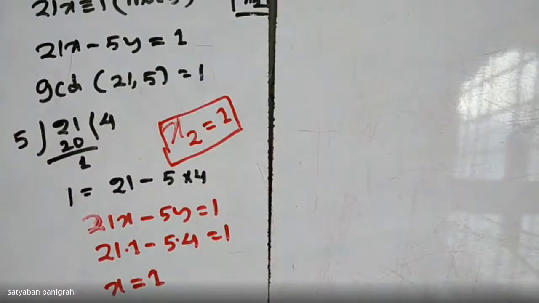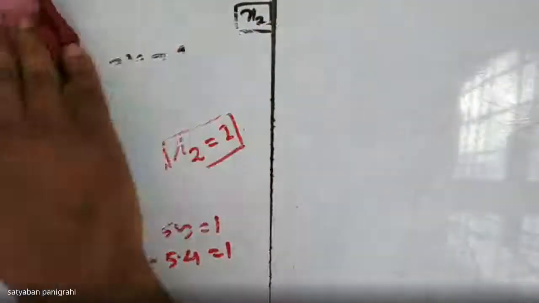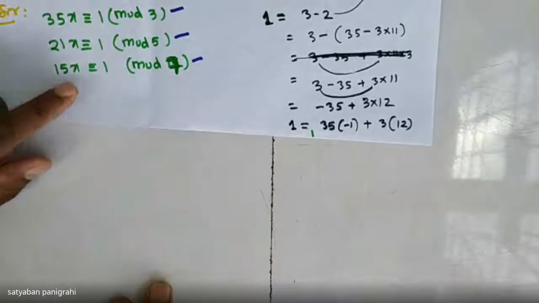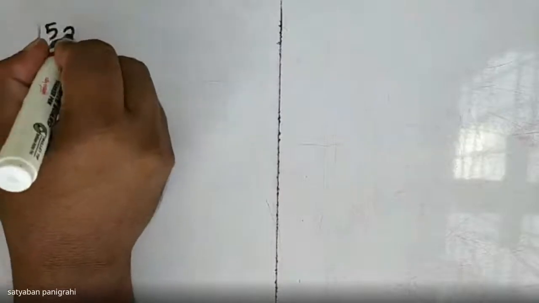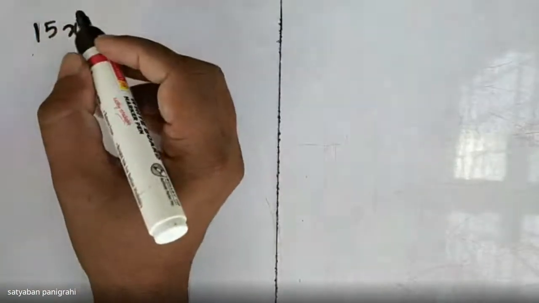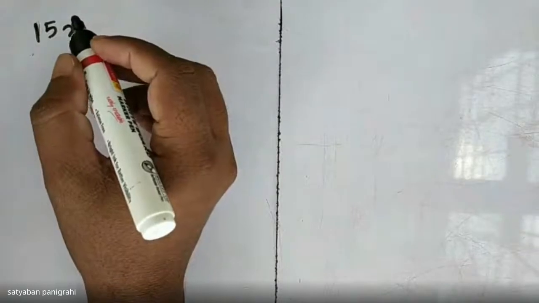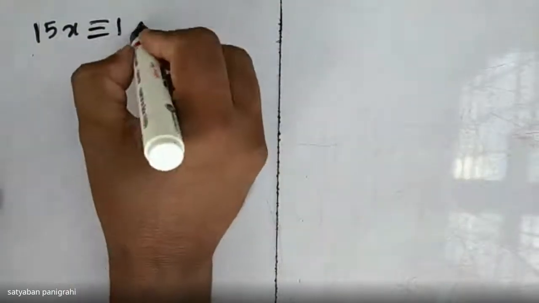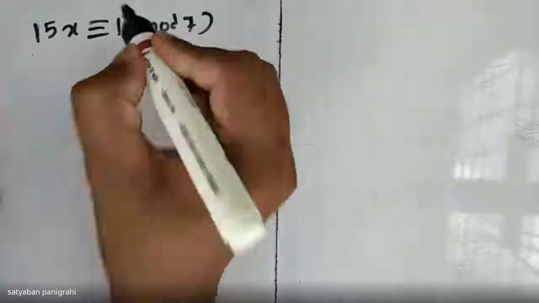The third question was 15x congruent to 1 mod 7. Now do the same thing.